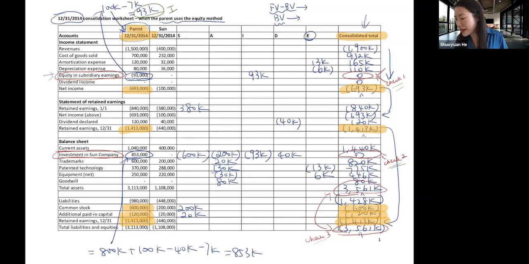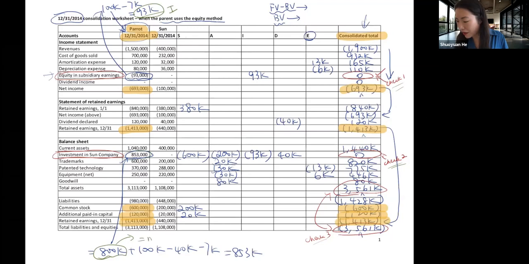So it's similar for the investment account recognized by the parent. In this investment account, how is this reversed in the consolidation process? So this 800,000 is the initial investment, right? What is this 800,000 made up from?